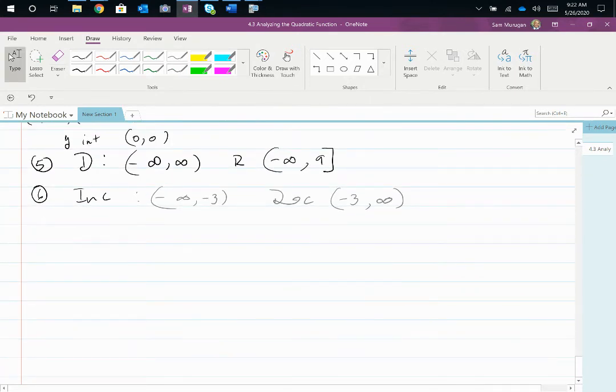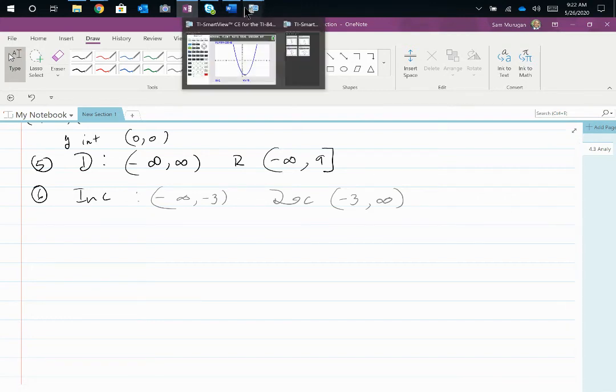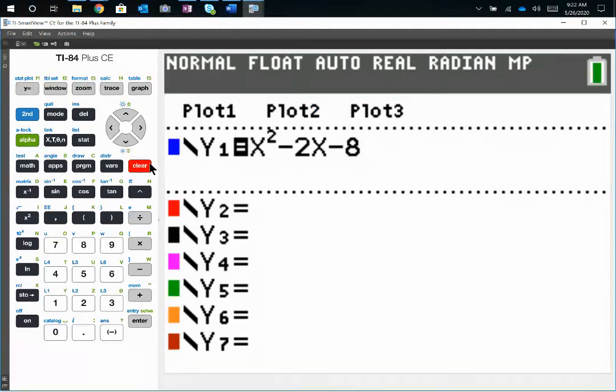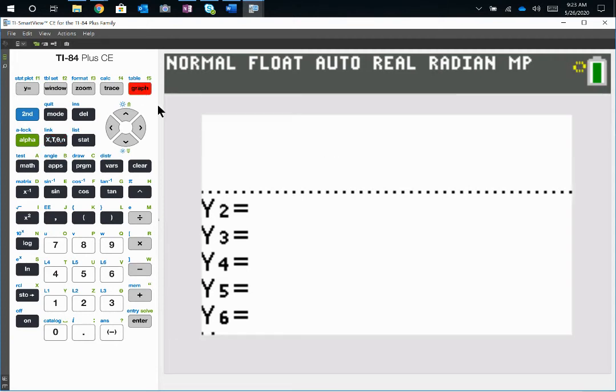Again, you probably want to confirm this graph with your calculator, and you can do that by simply graphing it. We have y is equal to negative x squared minus 6x, and graph it.